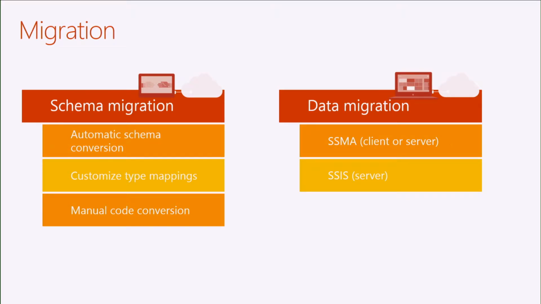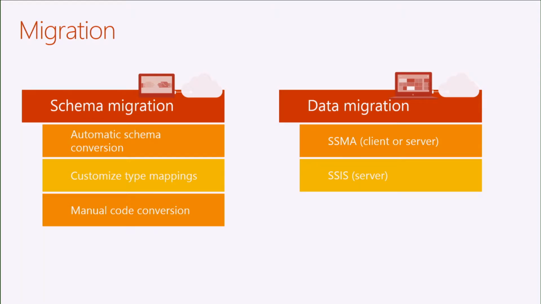Now here's how I split it. Database migration is a two-step process. You start off by migrating schemas. When I say you migrate a schema, you create a similar structure inside SQL Server 2016. Once you're fairly confident that data types have been mapped and the structure is how you like it to be, then you actually go about data migration.